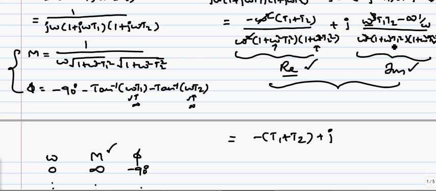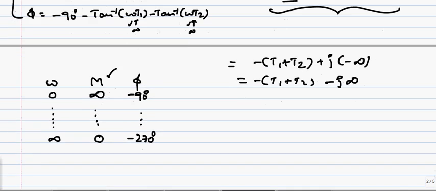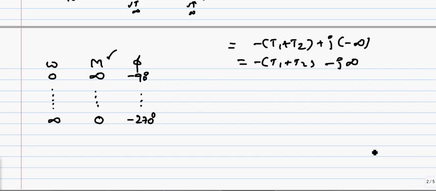When we substitute omega 0, the denominator becomes 1, and in the numerator this term becomes 0 and this term will be infinity. So we'll have minus infinity. We can write this as minus (T1 plus T2) minus j infinity. We have both the real and imaginary values negative. So we are in the third quadrant while drawing this. And the phi value also indicates minus 90 degrees.